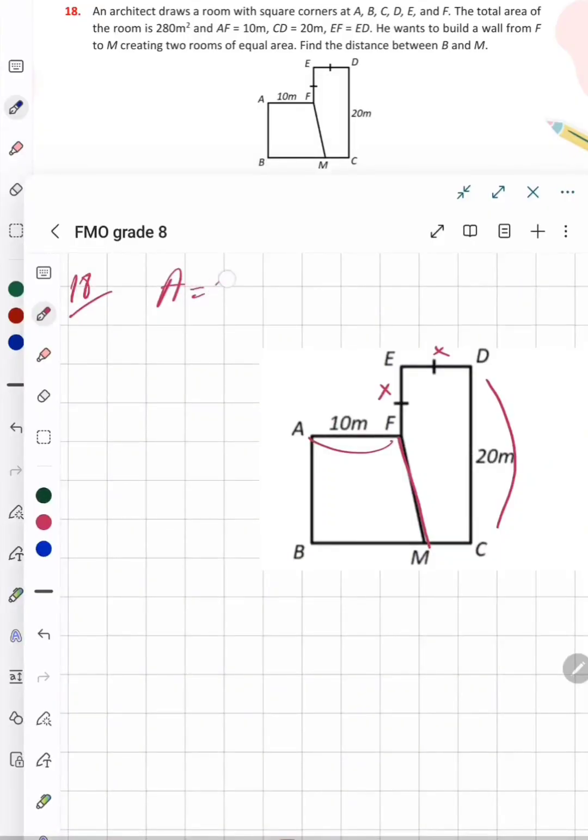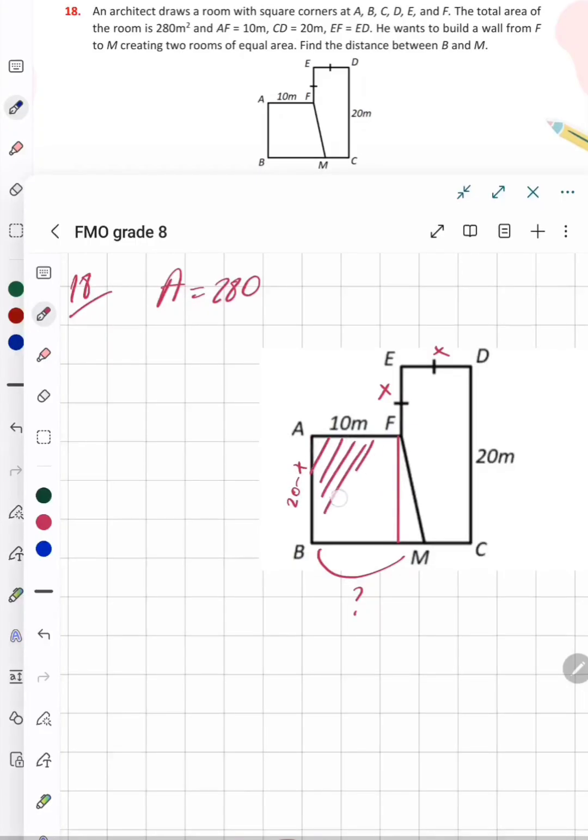The total area equals 280. We want to find the distance between B and M. This is our question. Now, if we split it into 2 rectangles, the length of this is 20, and this is x, we denote it. Now, we can say that the red line is 20 minus x, as well as this AB side, it's 20 minus x.